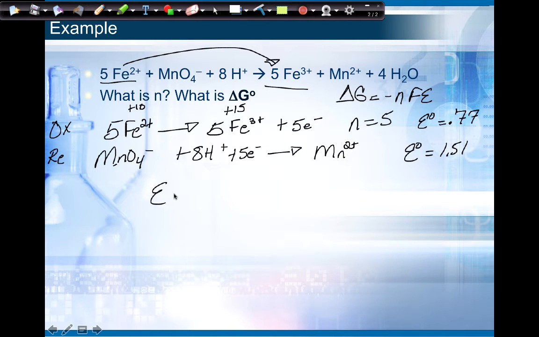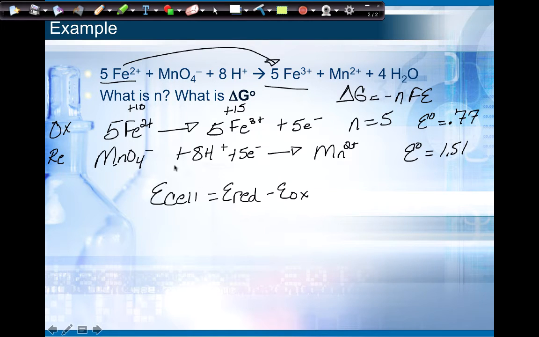If I'm looking for E cell, it will be the E reduced minus the E oxidized. If you remember that, great. If you don't, remember that anything that's being oxidized will have the reverse number here. So since it's being oxidized, it will be negative 0.77. And then just take the sum.